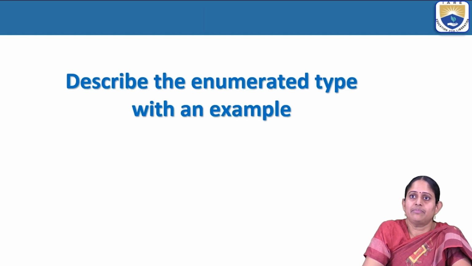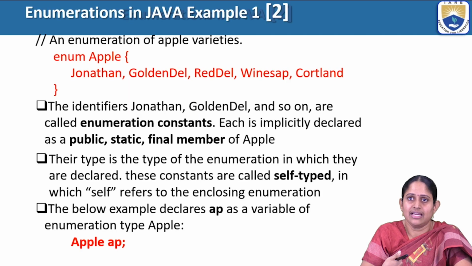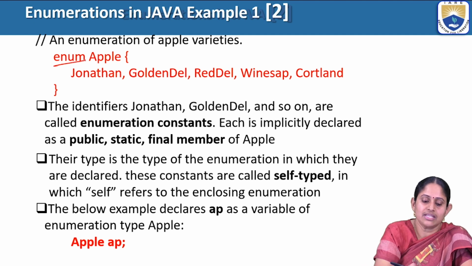Next is: describe the enumerator type with an example. Enumerations are basically self-typed, self-declared constants. They are created using the keyword enum.